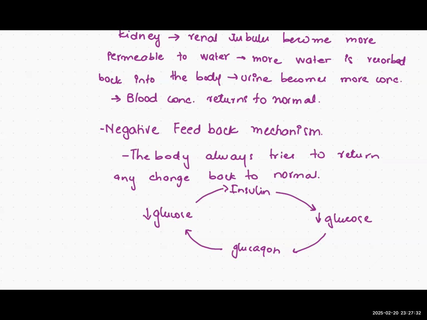Okay? So this ADH is also an example of a negative feedback mechanism. The same thing you can think about when we talk about control of body temperature. If the body temperature becomes too high, the body will try to bring it back to normal, right? Negative feedback.